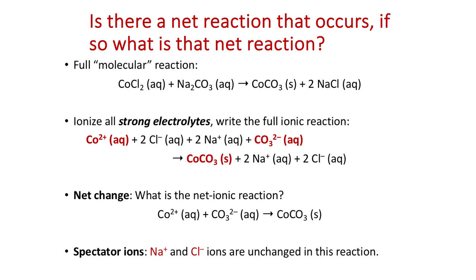So we start with our full molecular reaction. The reason we call this the full, quote-unquote, molecular reaction is that we're treating the reactants and products as if they're quote-unquote molecules. When you write CoCl2, you might think that they're stuck together, but in solution we know that they're ionized. But we will write reactions that look like this a lot because it's convenient.